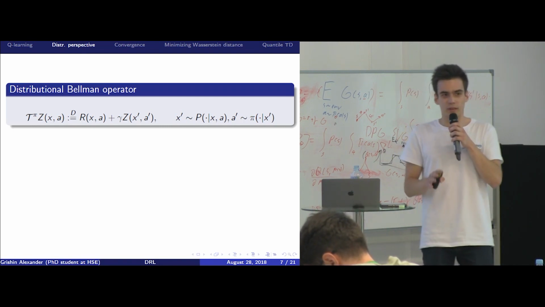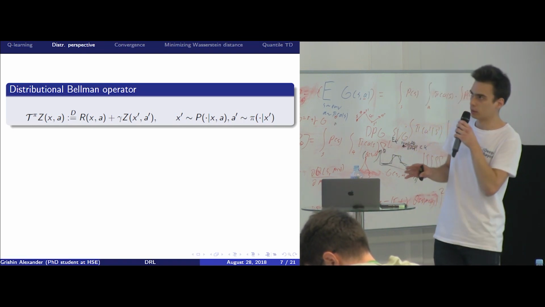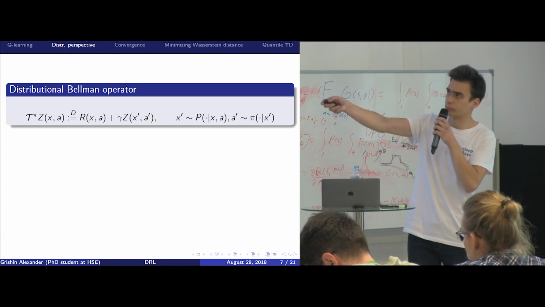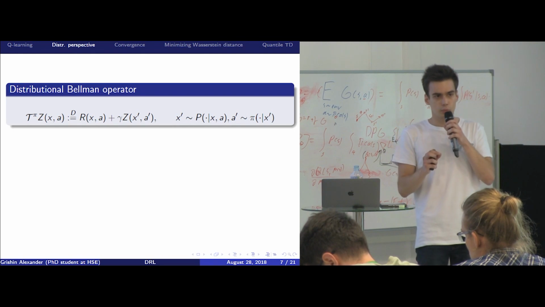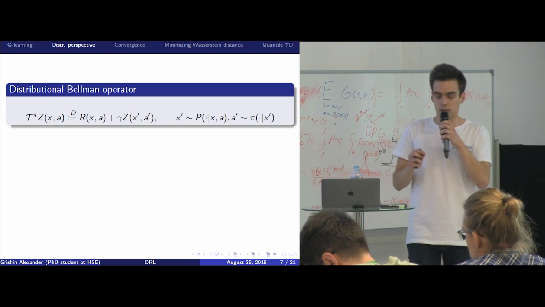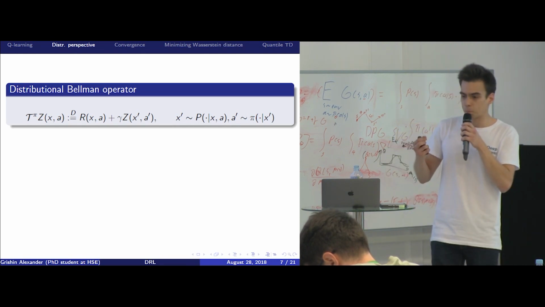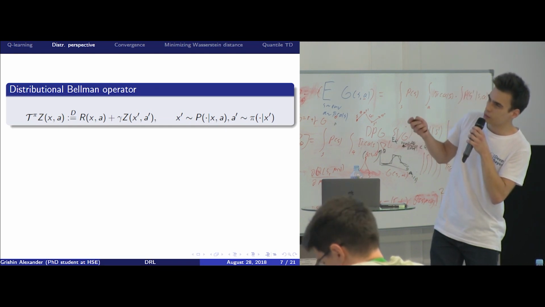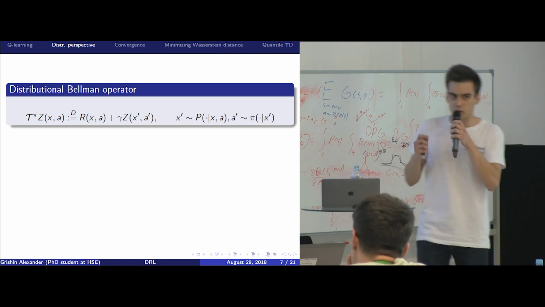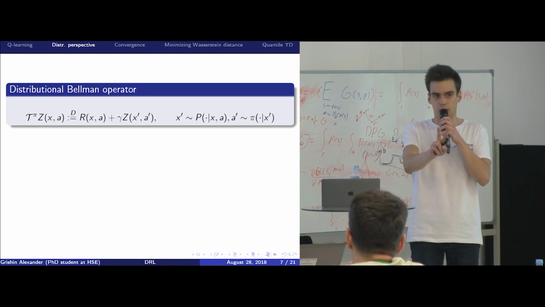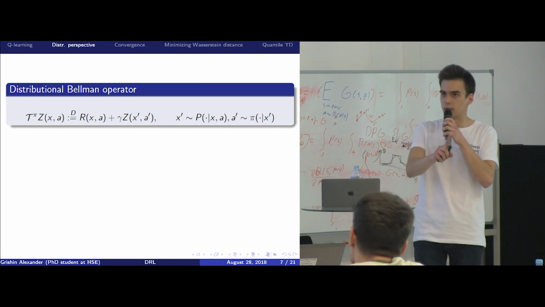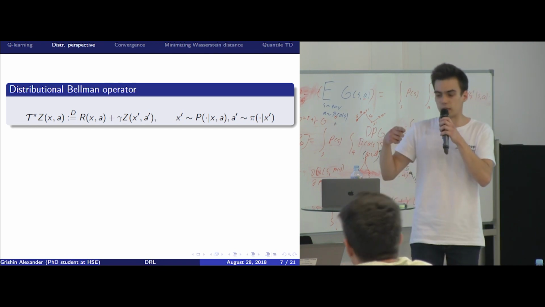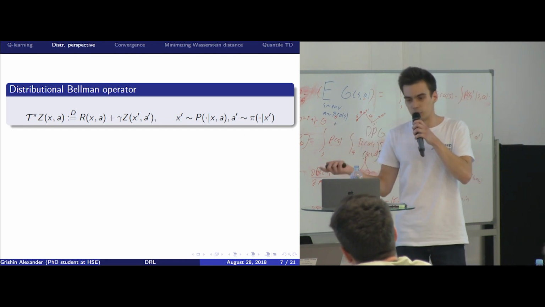Okay, let's suppose we estimate a value function. We use some algorithm to estimate not the value function, but the value distribution. In this value distribution, we can consider two uncertainties. The first, the true real one, is the uncertainty from our MDP.